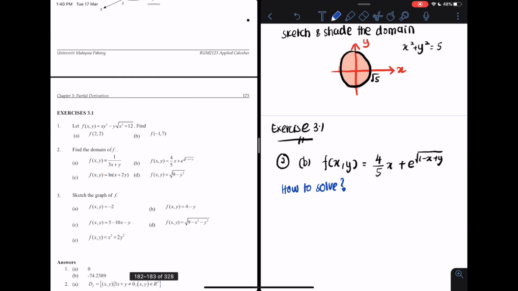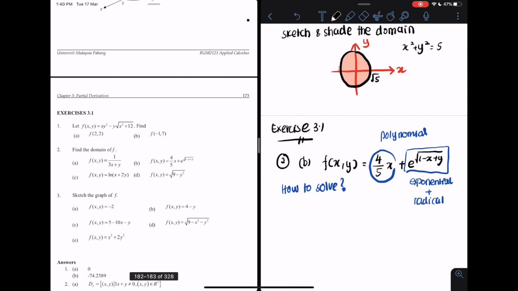The first one is a polynomial, and the second is a mixture of exponential, whose indices is written in terms of a radical function. So take a look at the first term. There shouldn't be any problem with the first term, because x should always range from negative infinity, or x belongs to any real number.